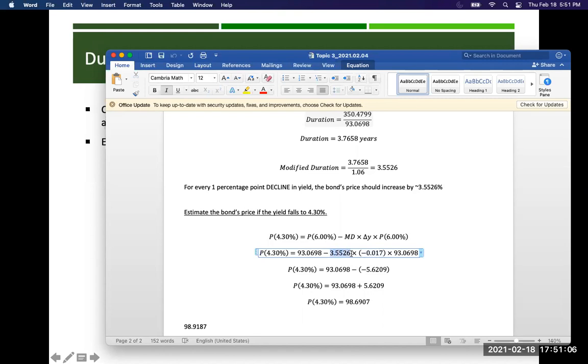Modified duration is 3.5526. So it's going to be a 5 to 6% change, a little more actually. Turns out to be a change of 5.6209 per 100 of par. So these are the steps you have to undertake to apply things like modified duration.